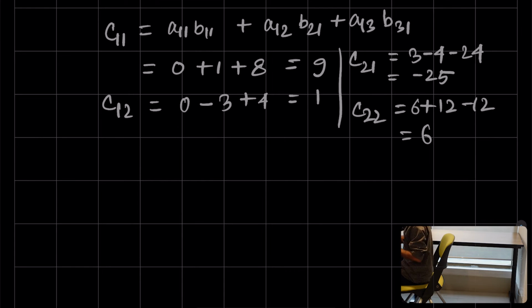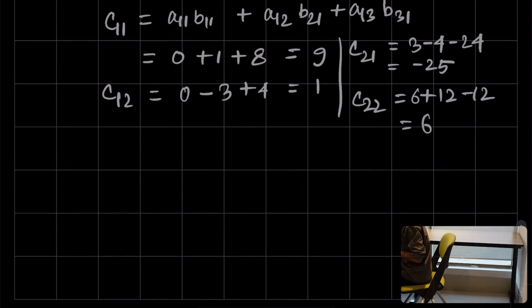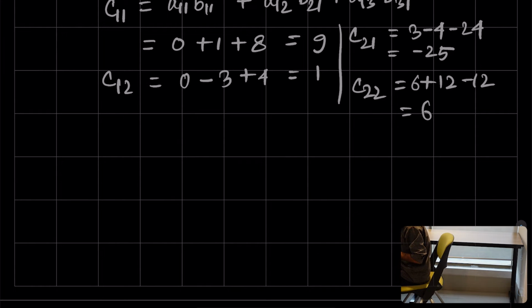Now let us introduce some identities of matrices that I'm not going to prove, but they are easy to prove, and you can find the proof in any standard book of linear algebra. The first one is the distributive law.